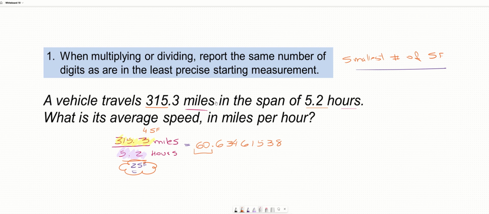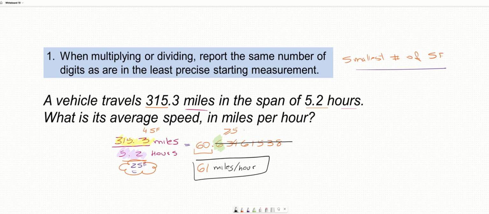If the number after the decimal is greater than or equal to 5, then we increase the previous value by 1. So 6 goes up to 7, and all this other number disappears. So my final answer will be 6.6 miles per hour. When you have division, this is what you're going to do.